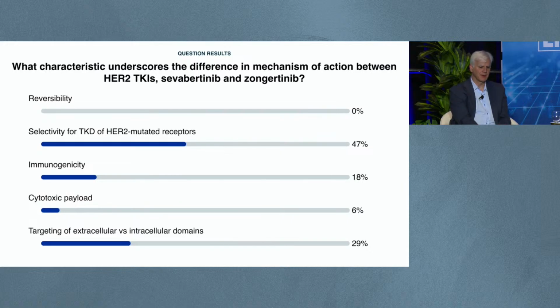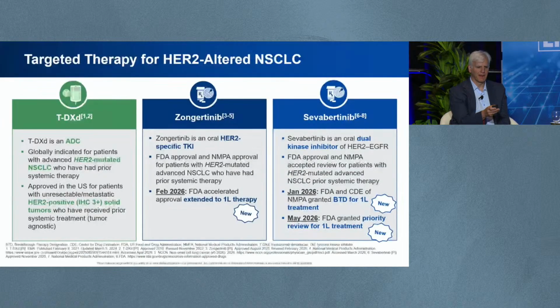So that's the critical difference. There's no cytotoxic payload for either. Of course, these are targeting the TKD, and immunogenicity is not an issue with these TKIs. So let's see if we can improve this percentage by the end of our conversation today.